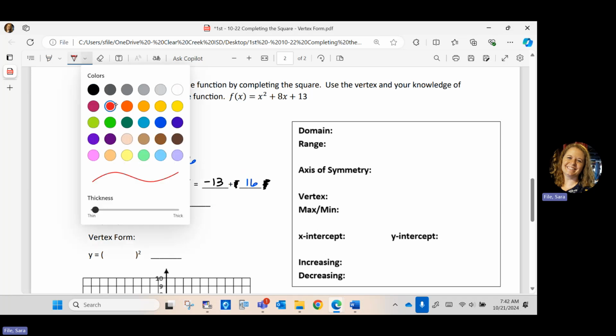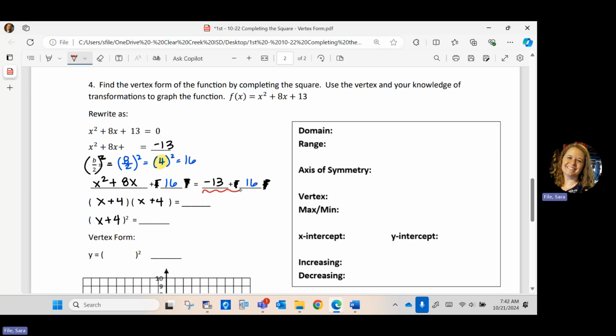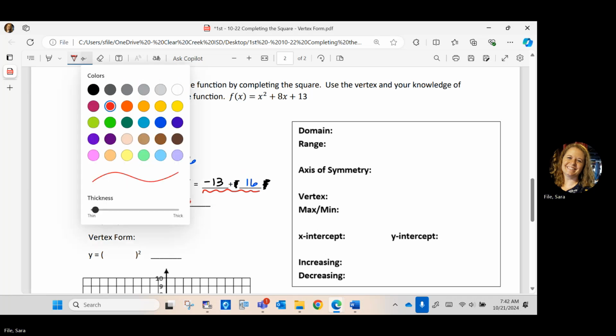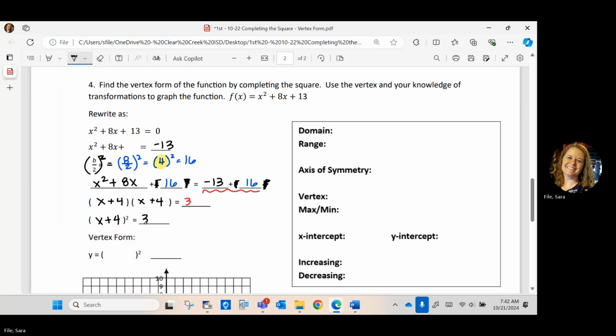And then on the right side, I need to combine like terms. What is -13 plus 16? It's just a 3. Now, to get this in vertex form, how do I move that 3 back to the left side? What does it become? Good, it becomes -3.